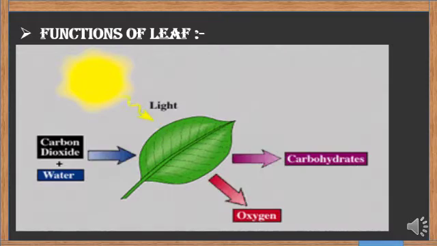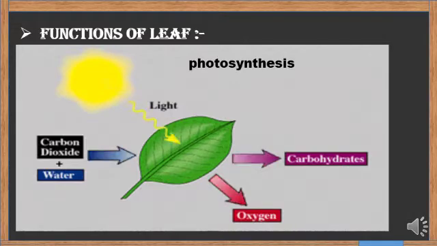So, plants are the only living things which can prepare their own food with the help of sunlight and other materials. In this process, green parts of the plants use sunlight, carbon dioxide and water to make food. Leaves take in carbon dioxide from air and use water taken in by the roots.